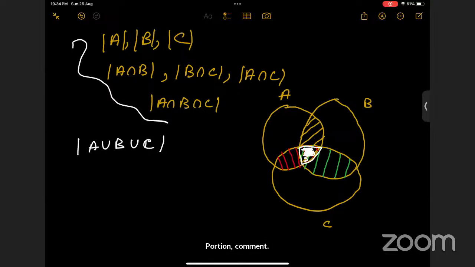Then you are given some set formulas. Using these equations for intersections and unions, you have to keep the formulas in your mind. Always try to recall the formula. With the help of this formula, you can solve the question. Fine.